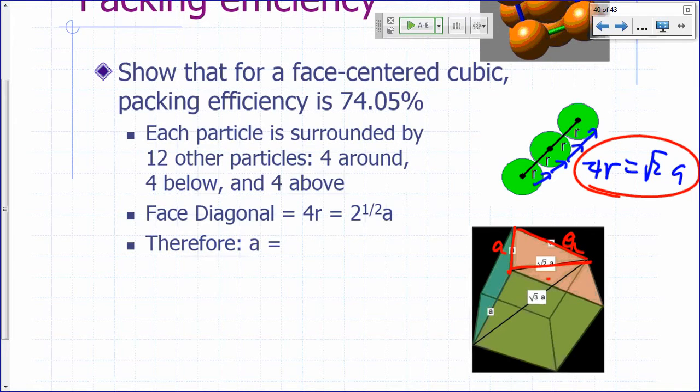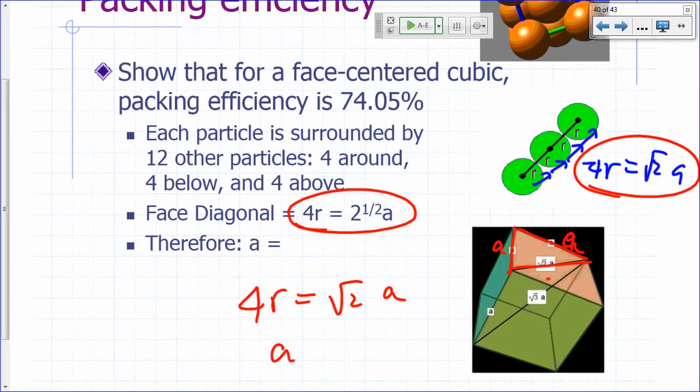The length of the diagonal of a face is equal to square root of 2 times A. So you can say that A is equal to 4R over square root of 2.